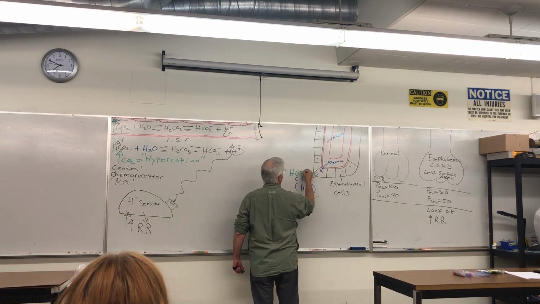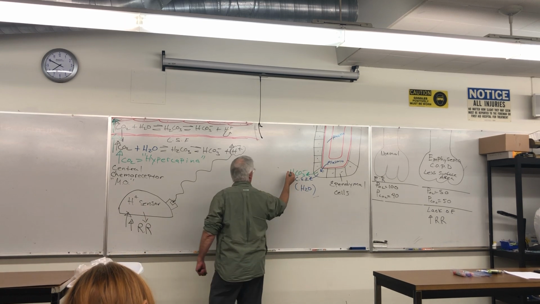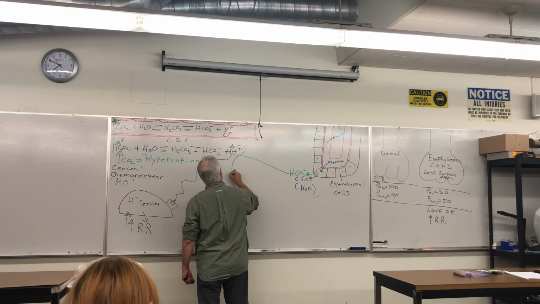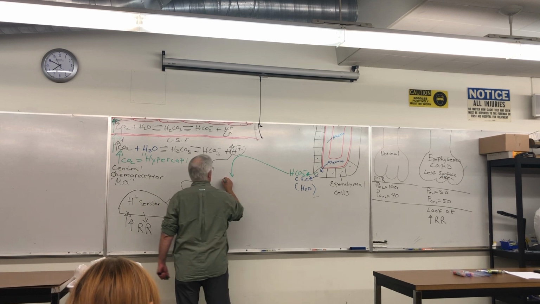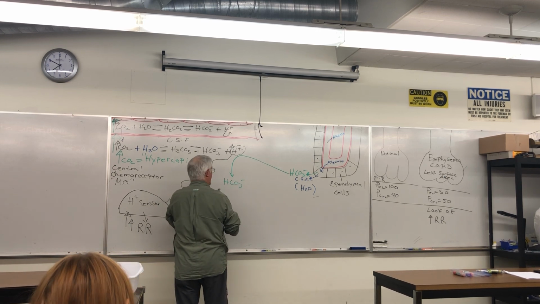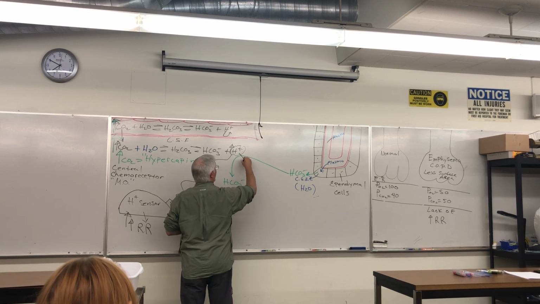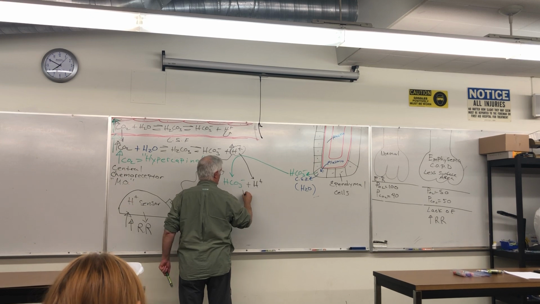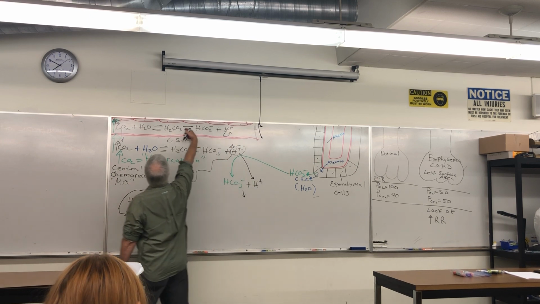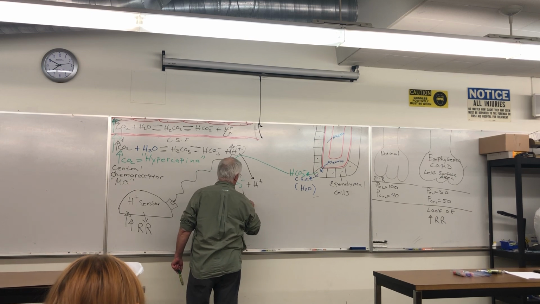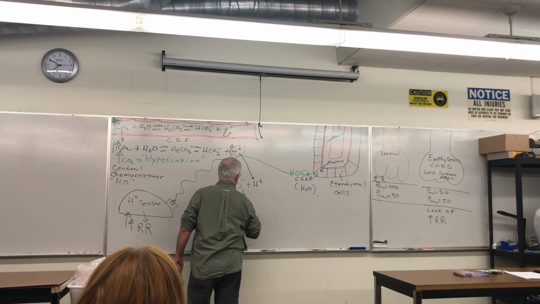Now, bicarbonate's a buffer. Here comes my bicarbonate. Going to come up and associate with that hydrogen ion. So I'm going to get my bicarbonate plus that hydrogen. What do I form? Well, you're driving the equation this way now. We're going to form carbonic acid, which can form what?